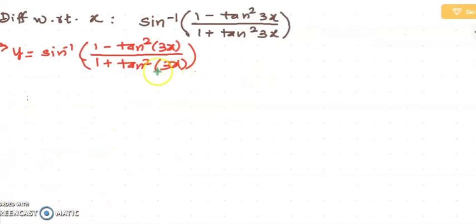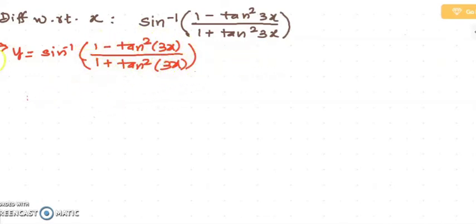Now consider this new example from the same exercise 1.2, question number 7. Sine inverse of 1 minus tan square 3x upon 1 plus tan square 3x, written equal to y. As usual, we write let y equal to this. Then we try to remember such an expression.